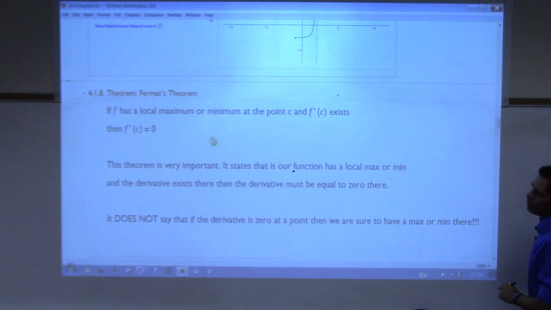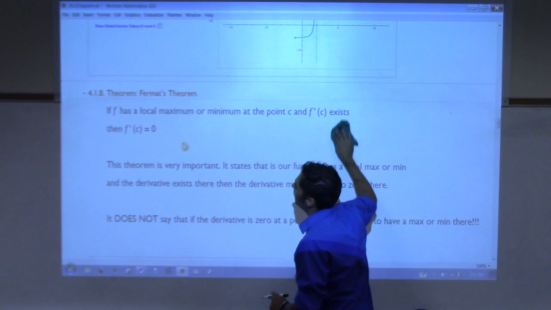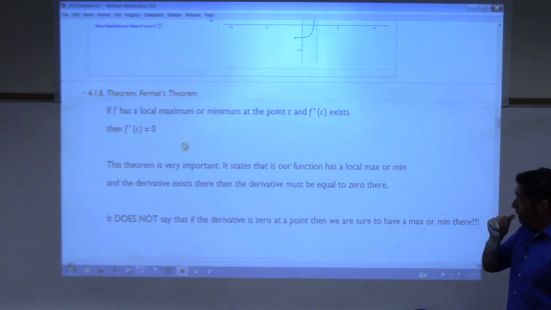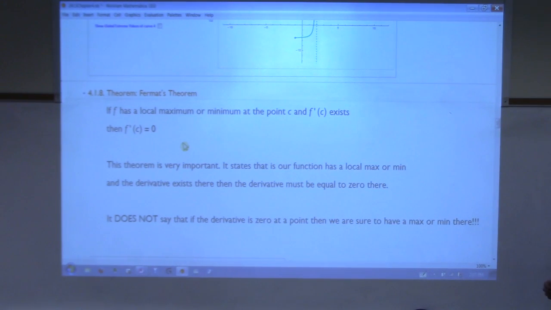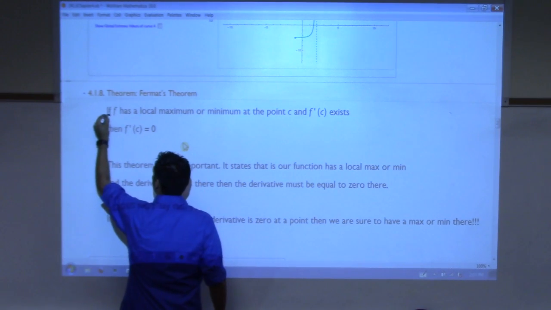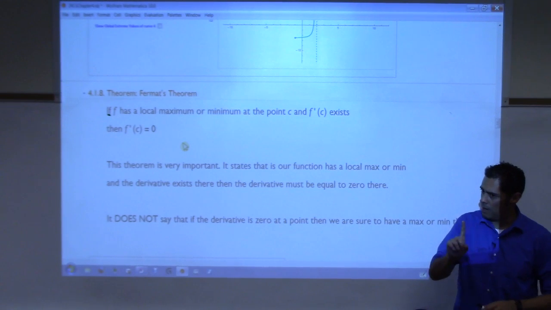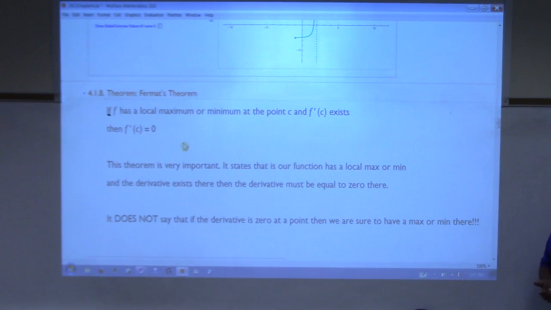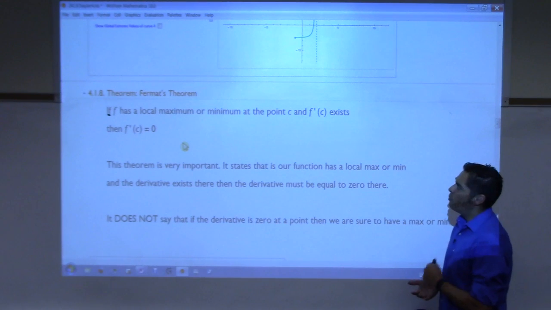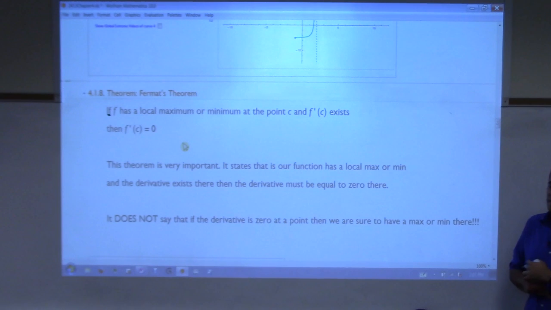Now that leads us to Fermat's theorem, not Fermat's last theorem, if you're familiar with that. Fermat's theorem says if f has a local maximum or local minimum, local, not global, at the point C, and the derivative exists, then it must be 0.